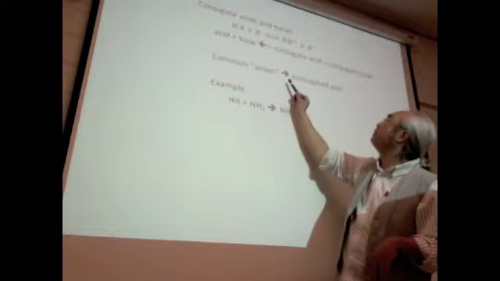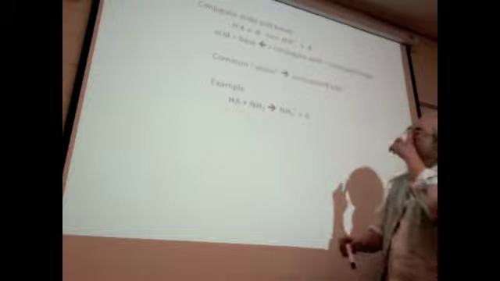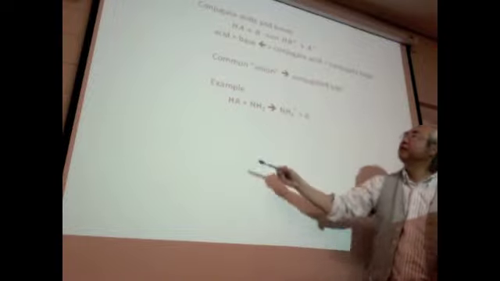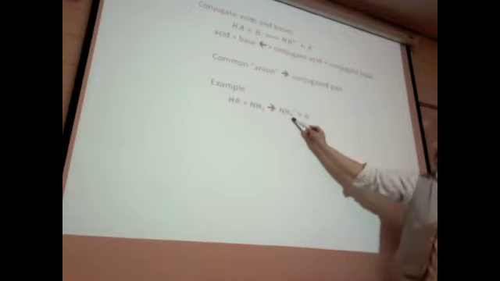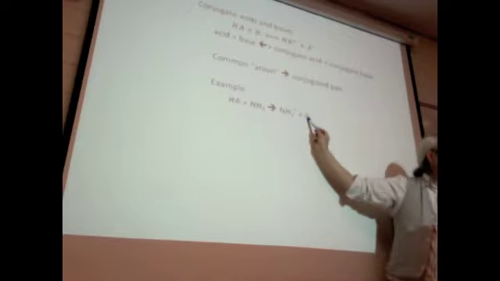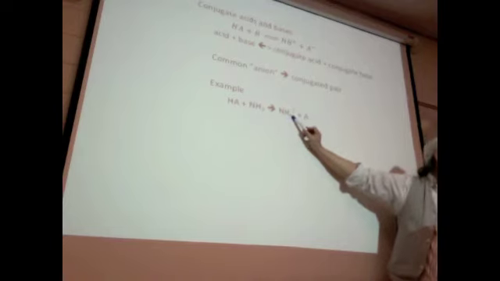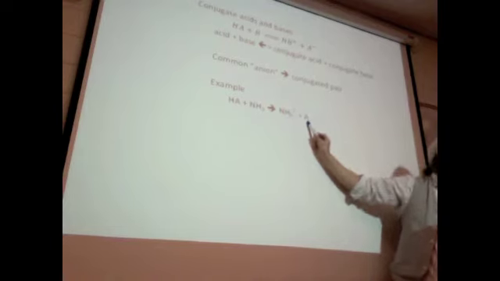This knowledge is basic for now, but it will be important later on for buffer solution. For example, now you have acid here, you have a base here. So now you end up with these two products. This is a conjugate acid, and this is a conjugate base.